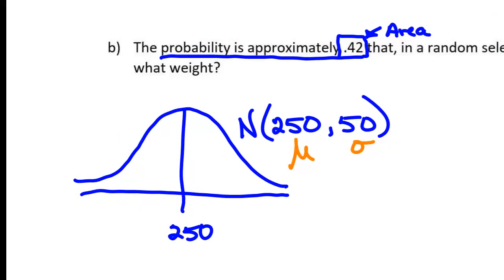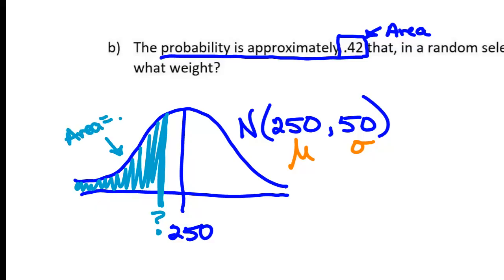For an area of 0.42, well, if I go all the way up to the line, that's half the area. That would be 0.5. So I want something that's a little bit less than that, but I don't know where that's falling on the x-axis. I do know that this area is 0.42.